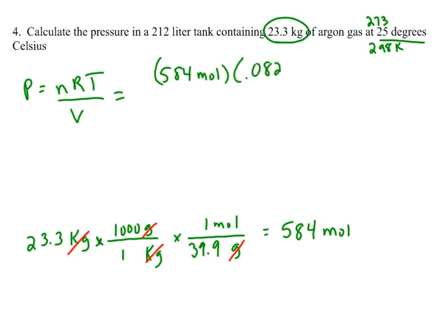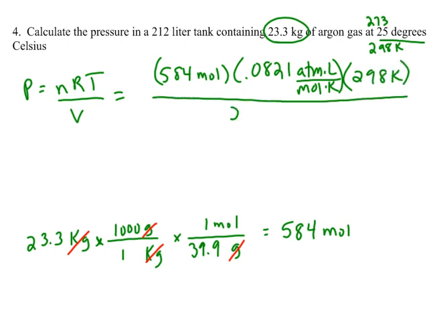R is 0.0821 atmospheres liters over moles Kelvin. Temperature is 298 Kelvin, all divided by the volume of 212 liters. If we take a look and see what cancels, moles will cancel, Kelvin will cancel, and liters will cancel, leaving us with a unit of atmospheres.